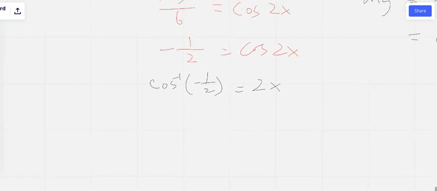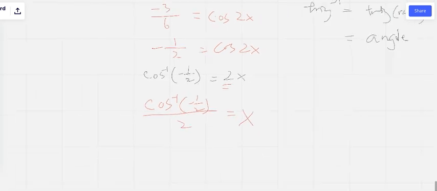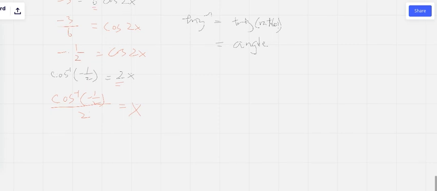And the final step is to get rid of the 2. Therefore, we will do cosine inverse -1/2 over 2 is equal to x. And what is cosine inverse of -1/2? On -1/2, we all know that we want a negative value.